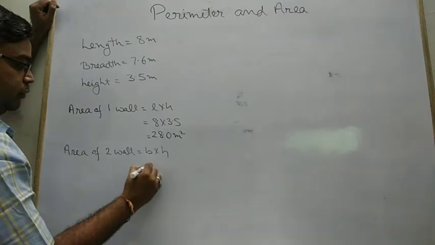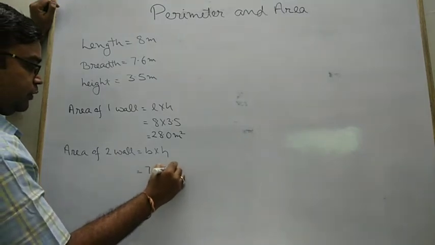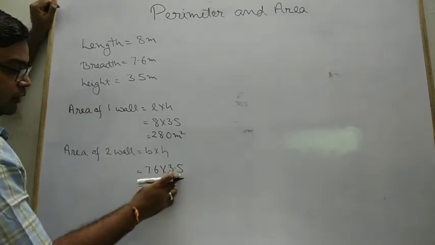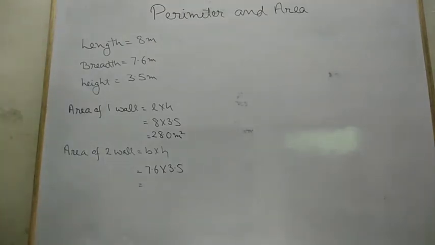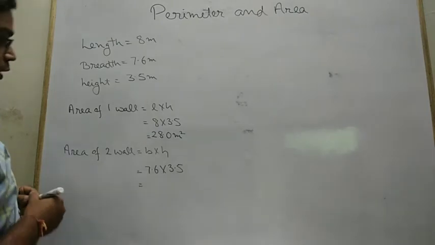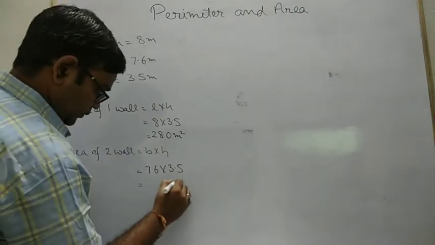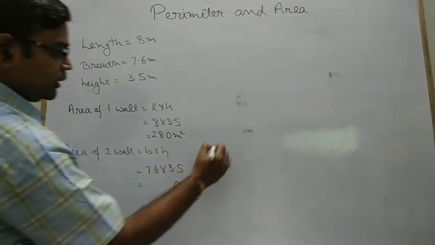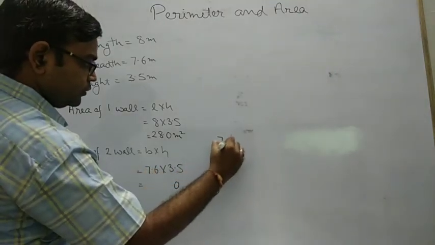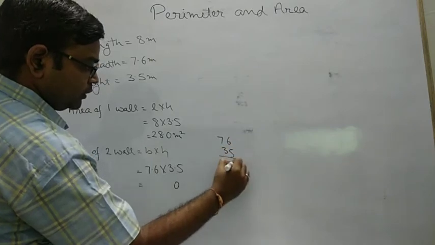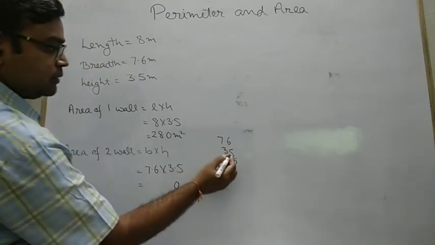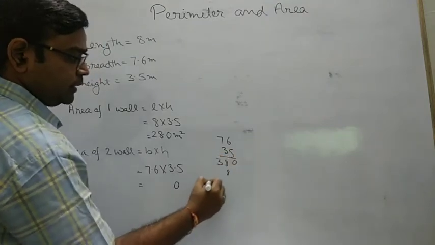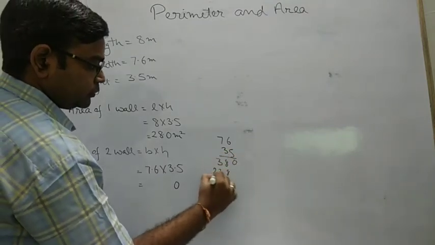So 7.6 into 3.5, there are two decimals. Okay, this will create confusion, so let me multiply as you are doing. 5 6s are 30, 3 carry, 5 7s are 35 plus 3 is 38, 3 6s are 18, 1 carry, 22.